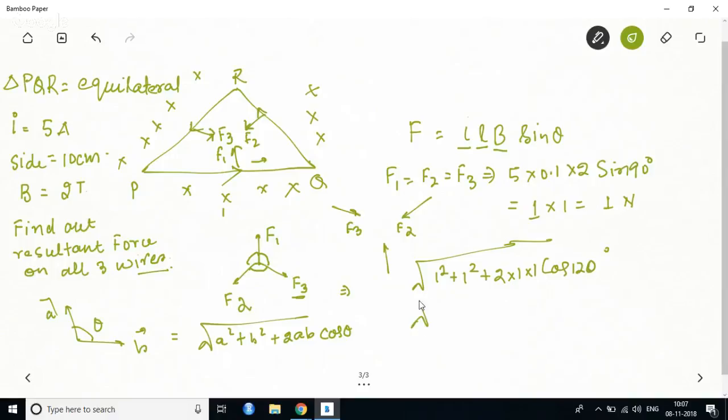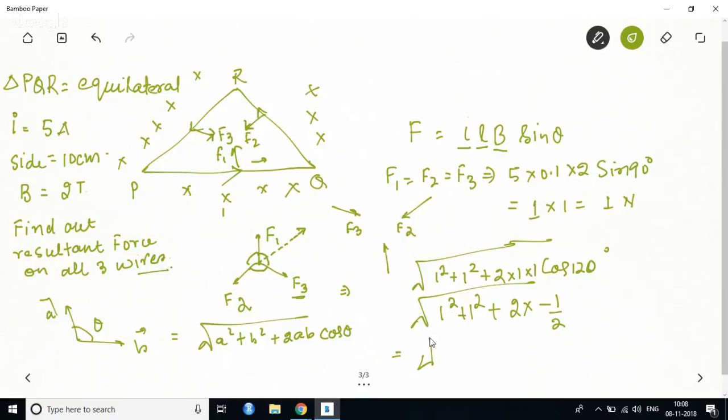So what happens is this becomes 1 square plus 1 square plus 2 into, no, 1 second, into minus 1 by 2.